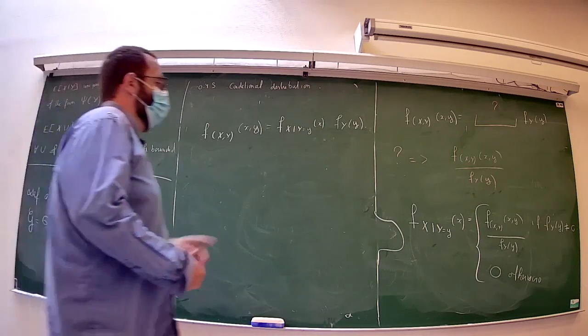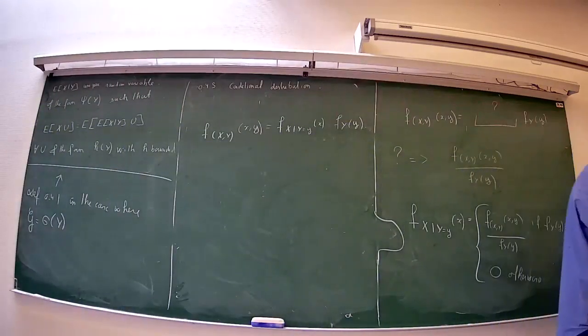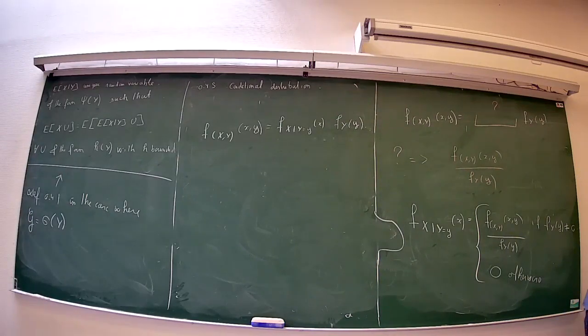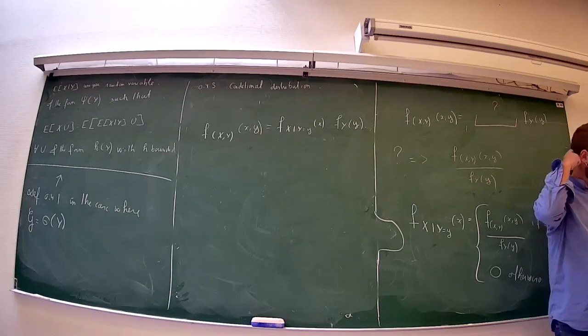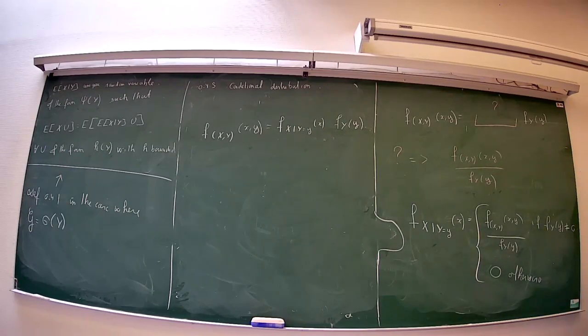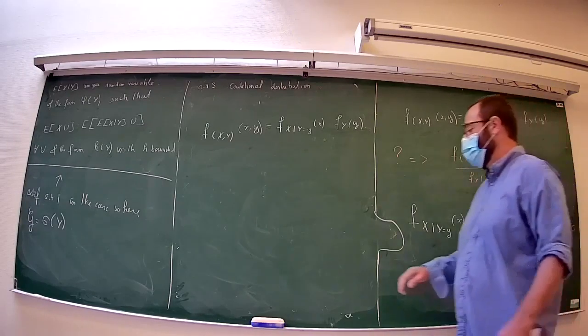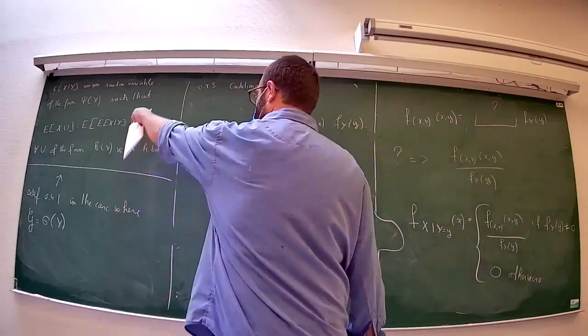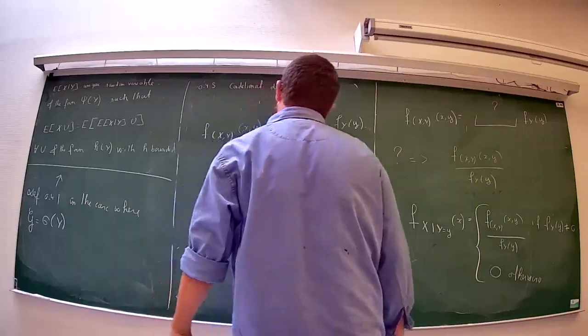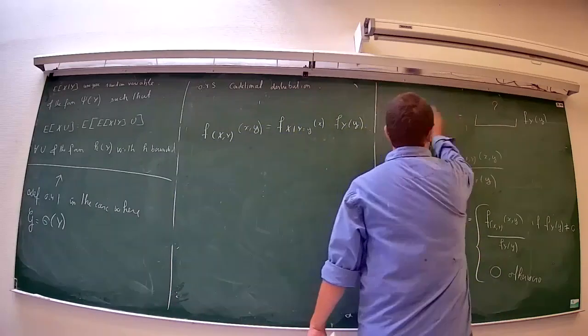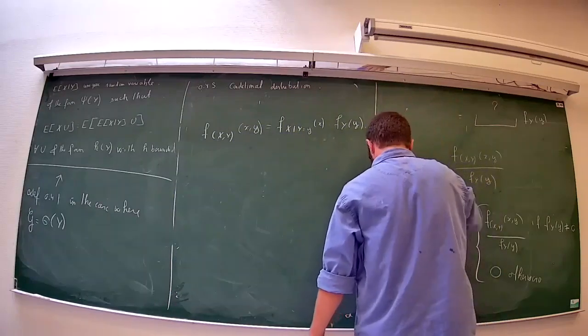This may seem a little bit theoretical, but in fact, in the case where the pair has a joint density, it is related to what you used to do in practice. So you have the definition of conditional density here, and I write the following statement. It's more a remark than a property. That was just a reminder concerning conditional density. I keep the definition of the conditional expectation here and erase this.